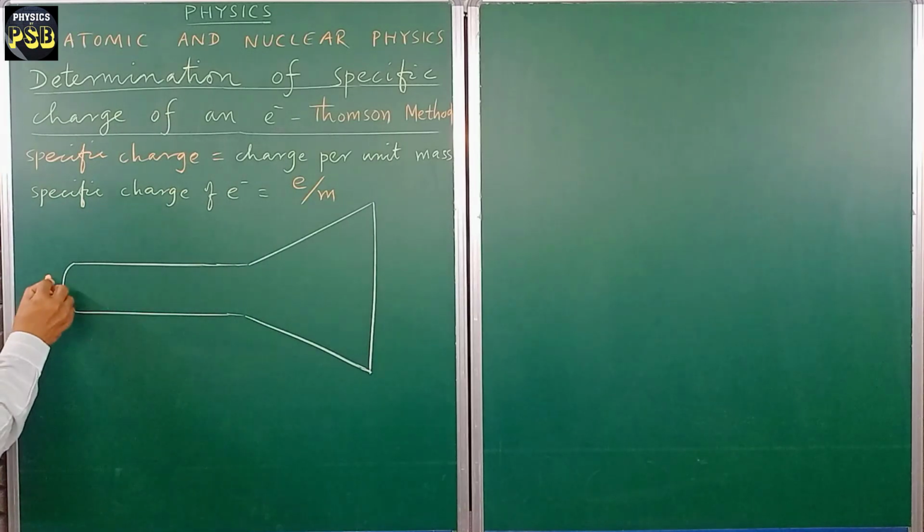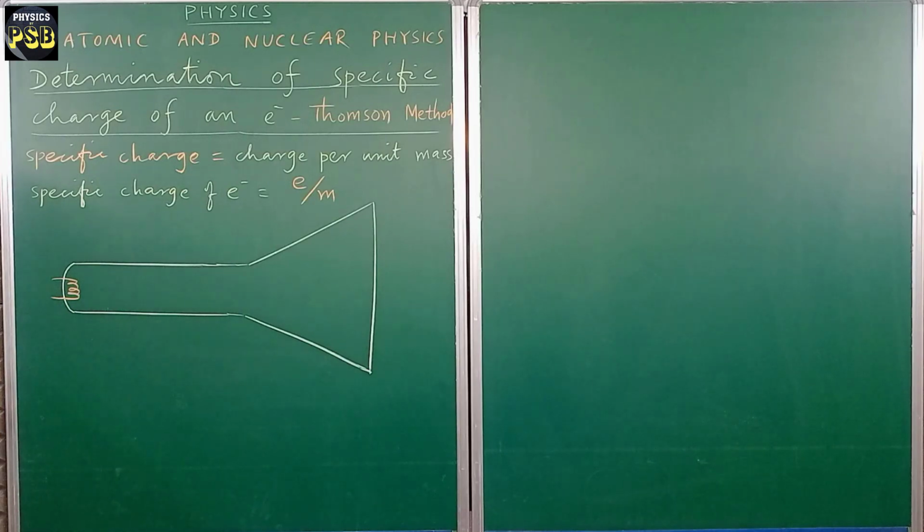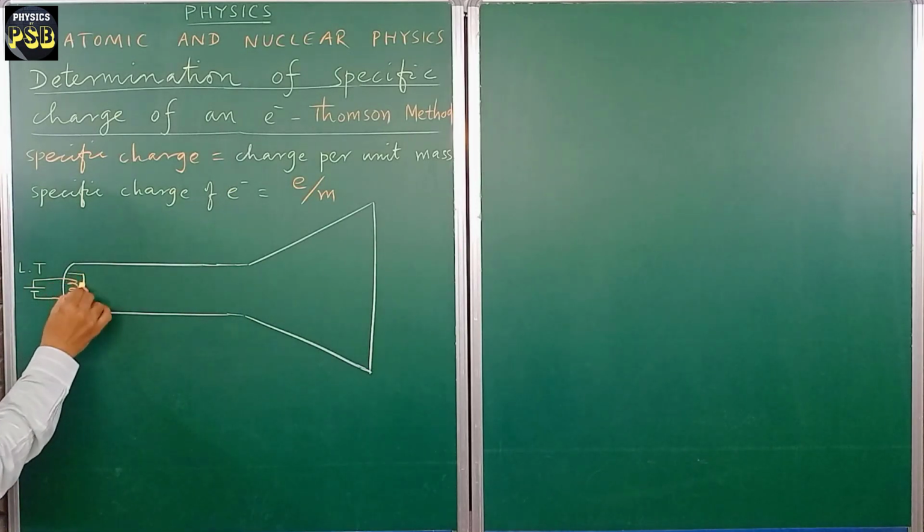At this end, there is a filament which is connected to a low tension battery. Here tension stands for voltage. Then in front of this there is a cathode.